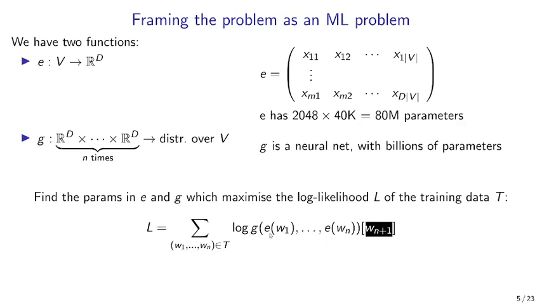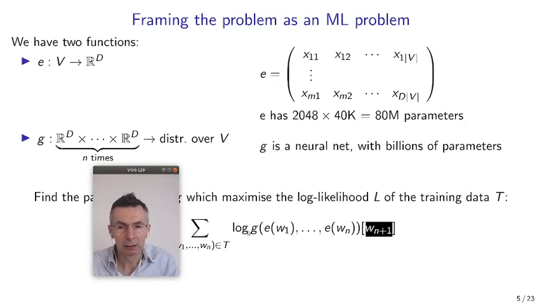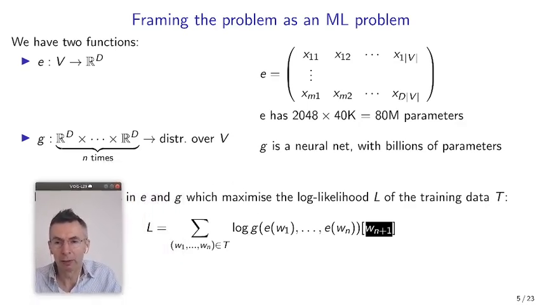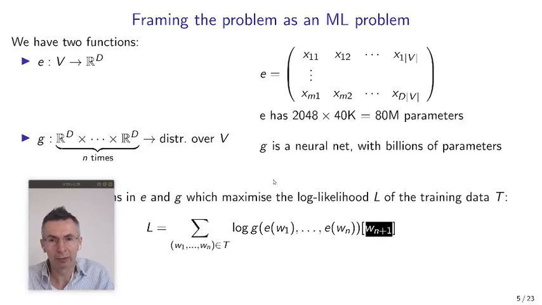Then we multiply all those probabilities, or if you like, we add up the logs of all those probabilities, and that's the thing that we want to maximize. That's a classic machine learning problem. Machine learning is all about doing that kind of thing, and we know many algorithms that will help to do that once we have decided on the structure of G.